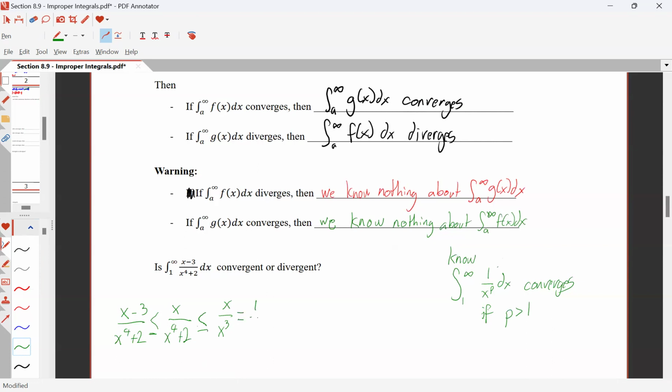And this is 1 over x. That should be a fourth there, so that is a 3. That means I know this function, x minus 3 over x to the fourth plus 2, is a smaller function than 1 over x cubed.